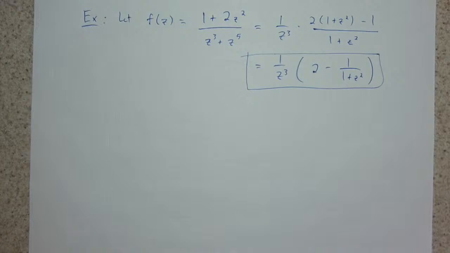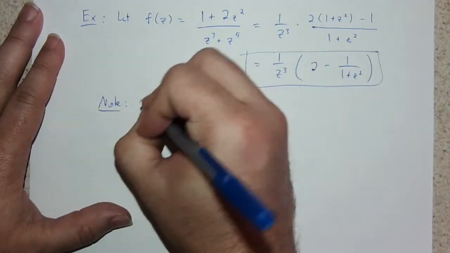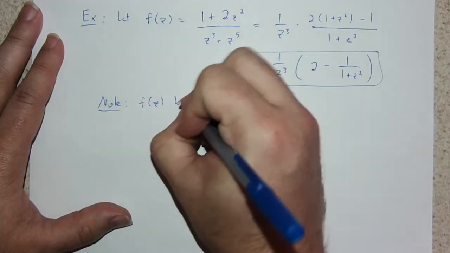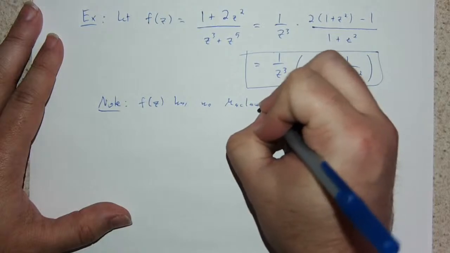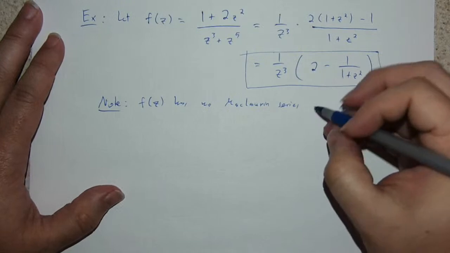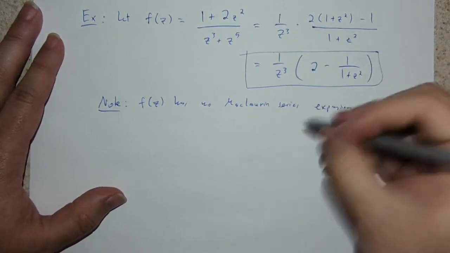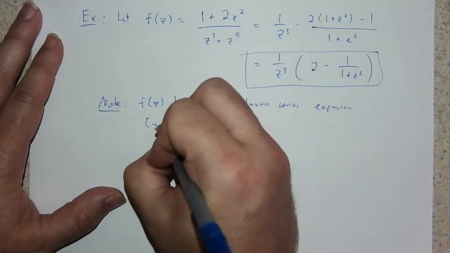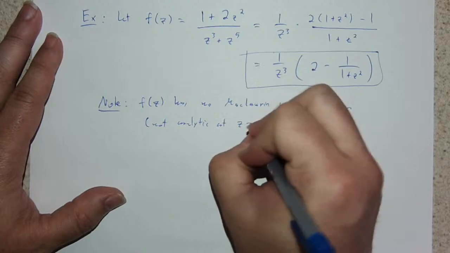So note, f of z has no Maclaurin series expansion because it's not analytic at z equals 0.